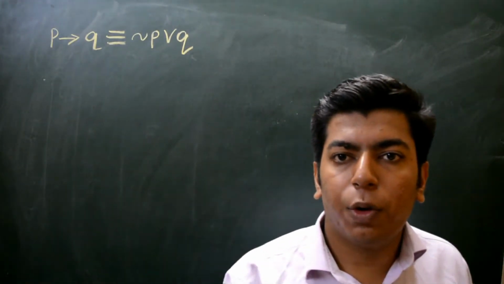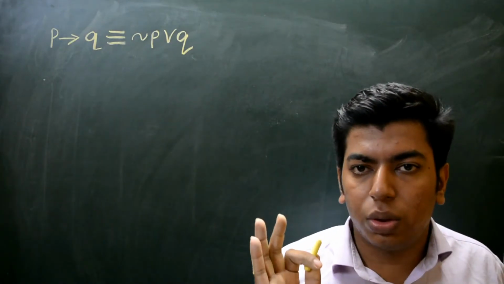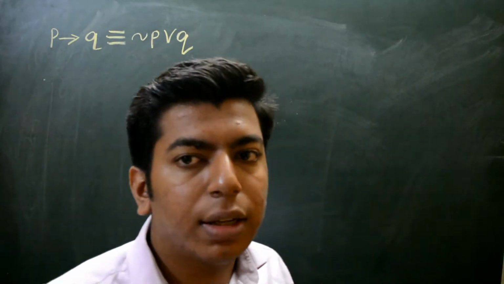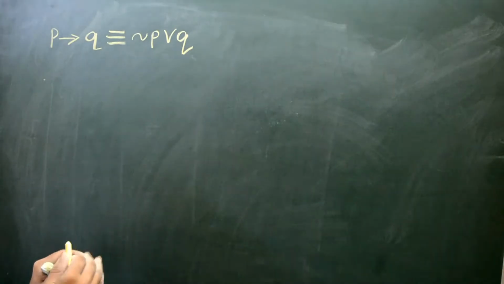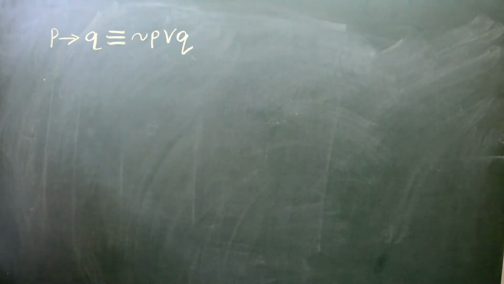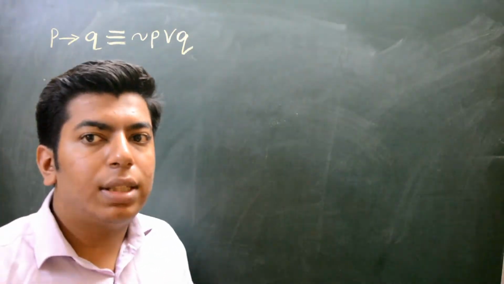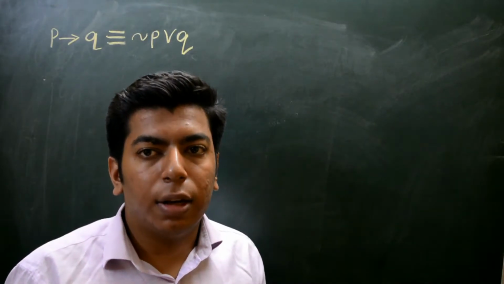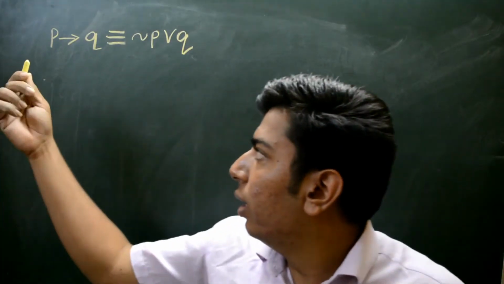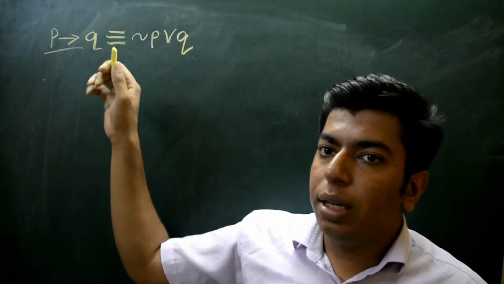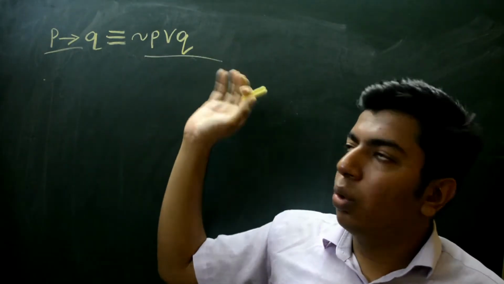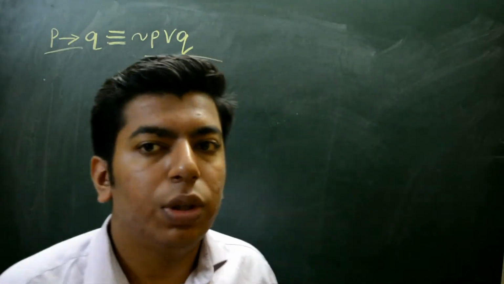Yes, we can prove it by truth table. So we can construct the truth table of it, and from all those columns, we can say this left hand side is equivalent to the right hand side.